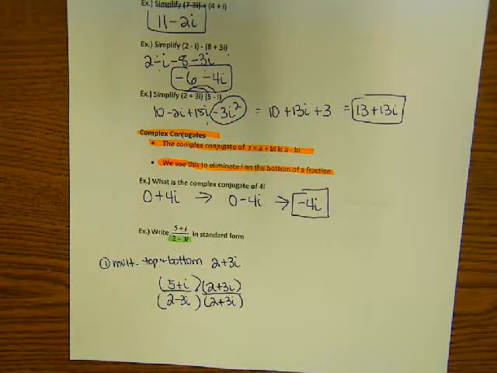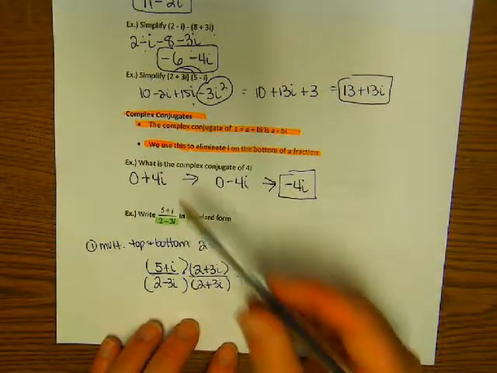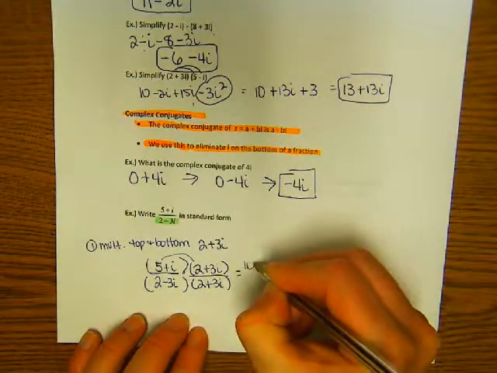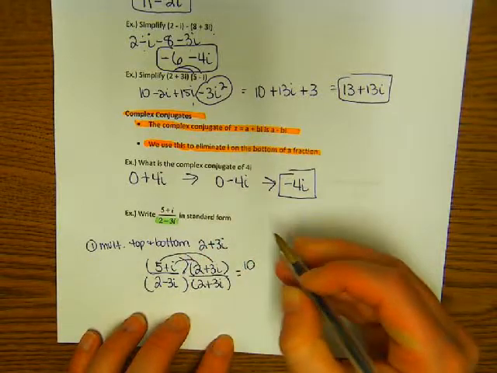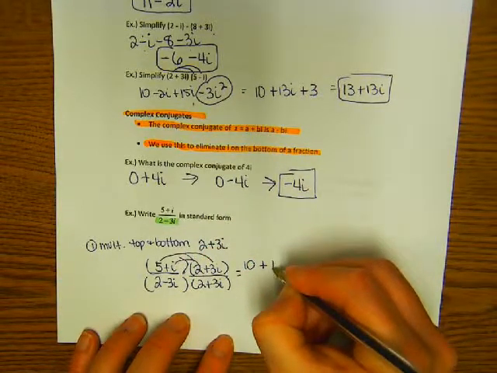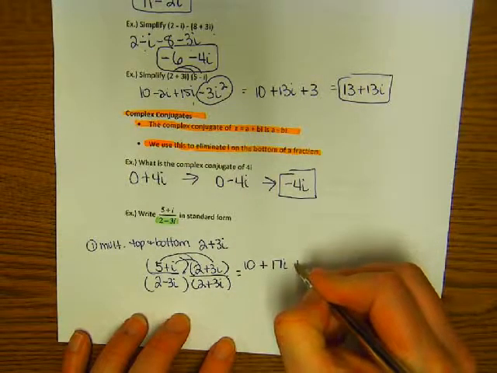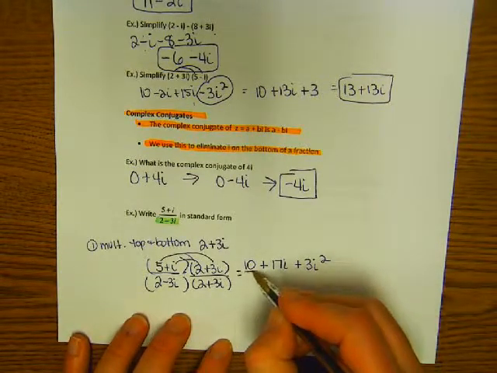Okay, so first let's do the top. I have 10 plus 15i plus 2i. I'm going to put those together. That makes 17i. Plus 3i squared. I'll simplify that in a second. I hope you guys can see in a second why the complex conjugate will work.